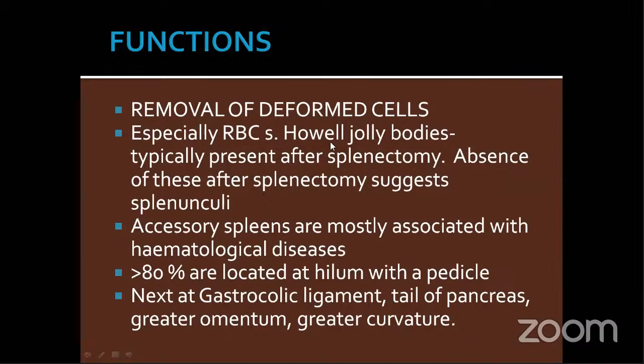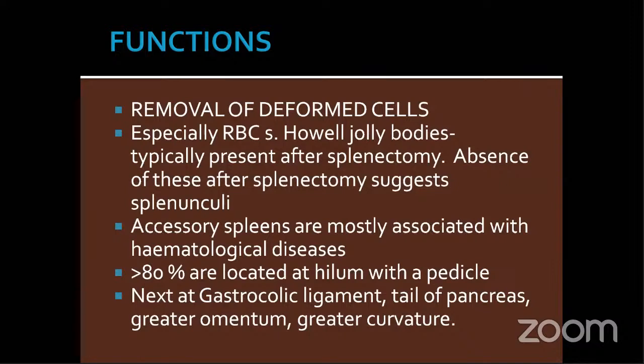The Howell-Jolly bodies should be present after splenectomy; if they are absent, it means you have not completely removed the splenic tissue. There is some splenic tissue somewhere else which you have missed out, and you have to remove it for the proper result.